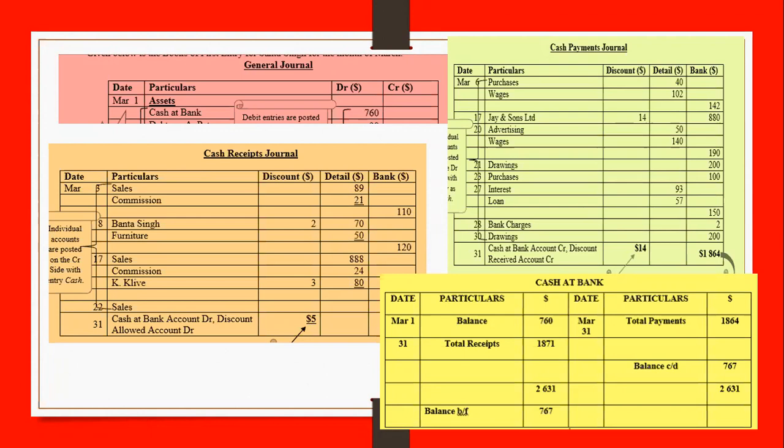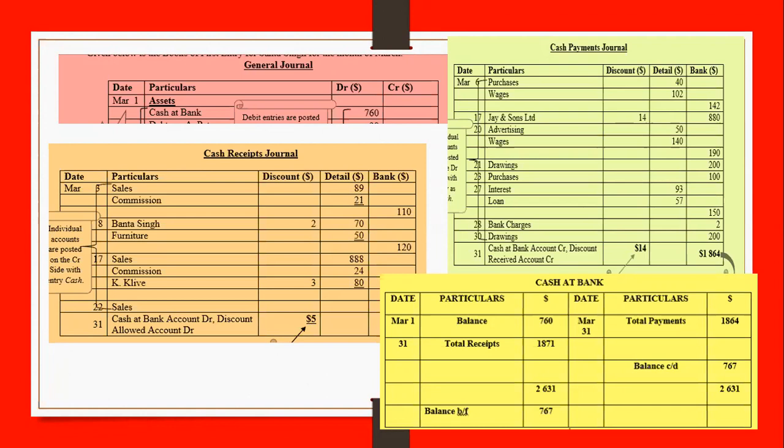From your journal, posting transactions from the journal to ledger, the main objective of this lesson is knowing which side of the ledger you will post the item to, whether the debit side or the credit side of the ledger.